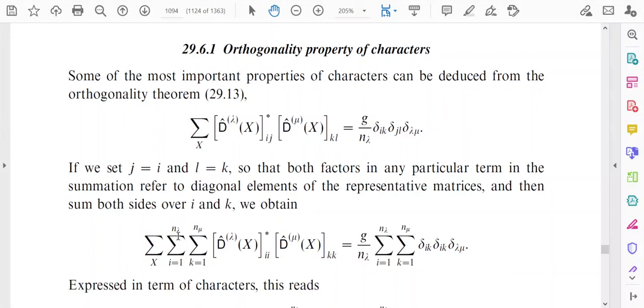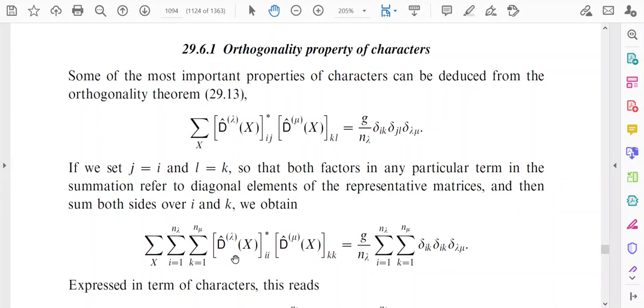These are basically the dimensions of the matrices. n lambda and n mu are the dimensions of the matrices for the representations lambda and mu respectively.